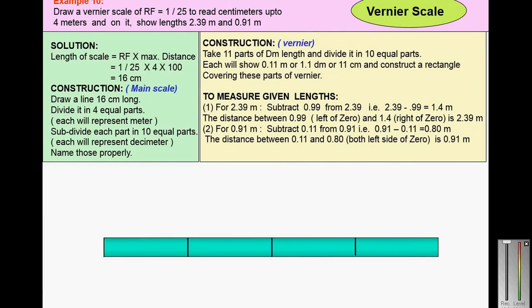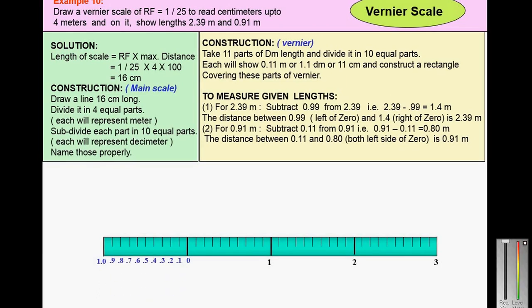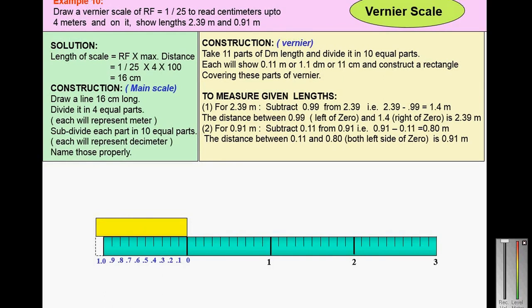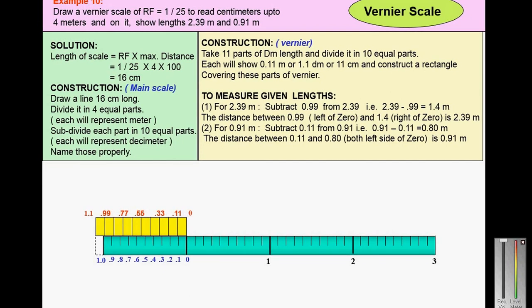So this is the main scale, and its length is 16 centimeters. Divide the main scale into 4 equal divisions, and divide the first division into 10 equal parts. Take a single division from the secondary division and mark the vernier scale, shown in yellow color, and divide it into 10 equal parts, as shown in the figure.